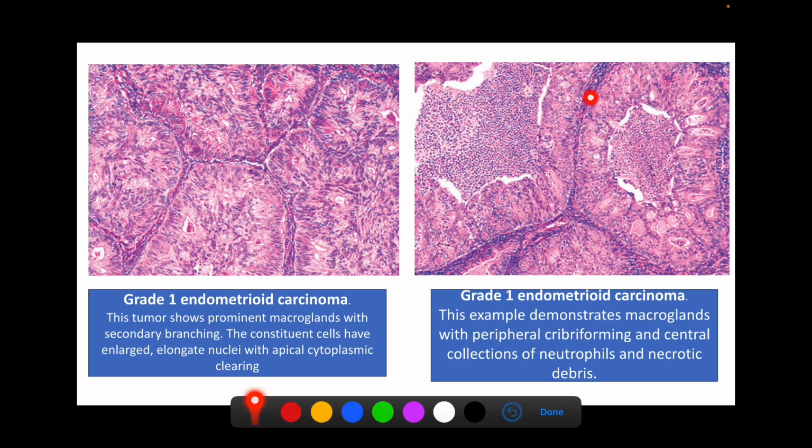In high power view, this is again a macro gland having a peripheral cribriforming pattern, and this is showing necrotic debris as well as neutrophilic collection.